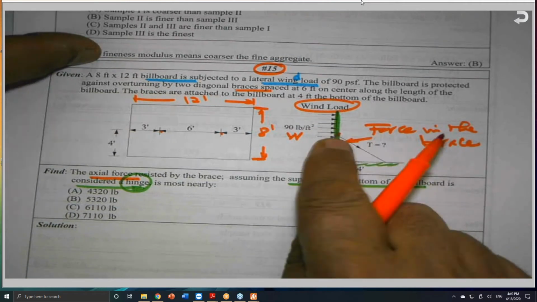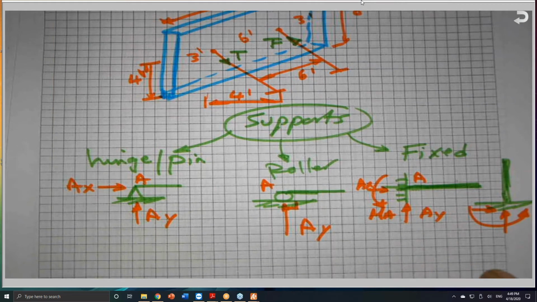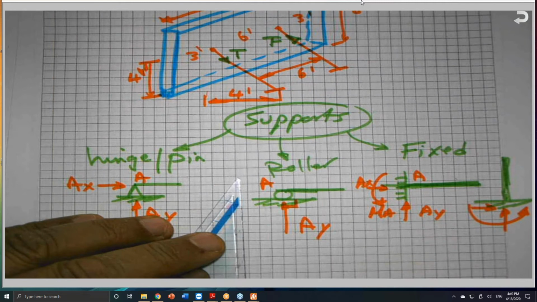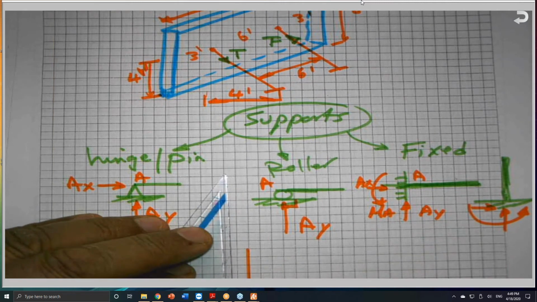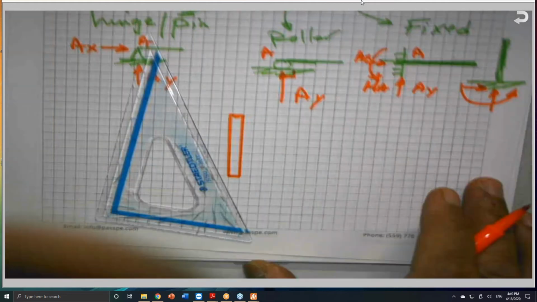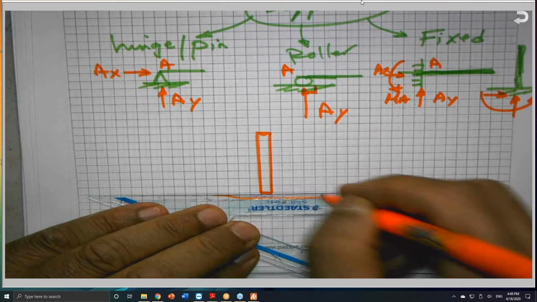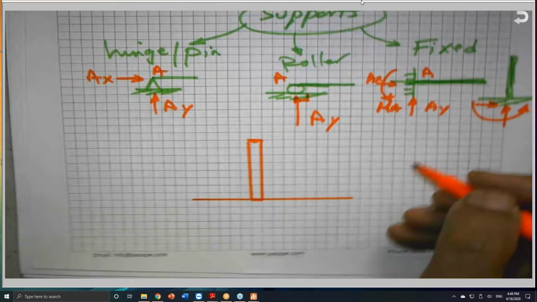and looking at the free body diagram that I can draw for this scenario, I have a billboard, and this is the original ground, OG.